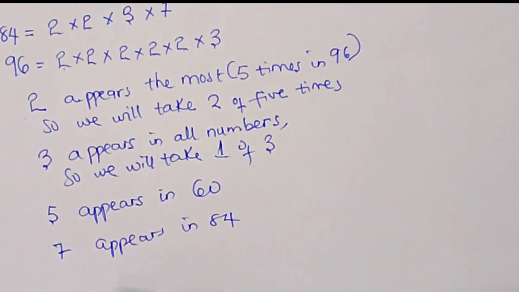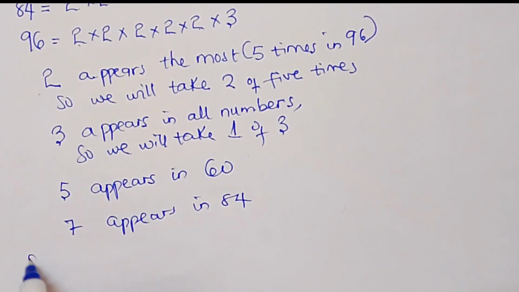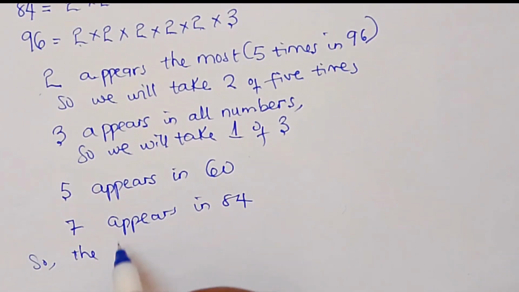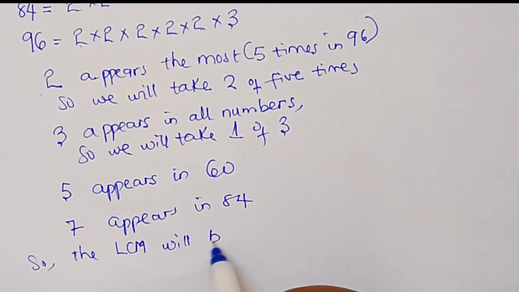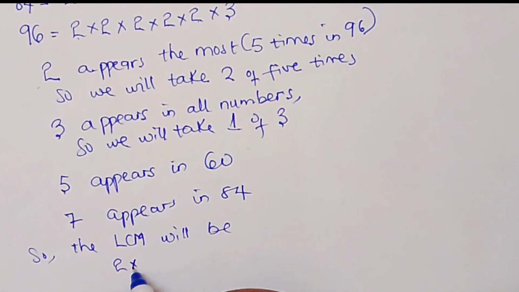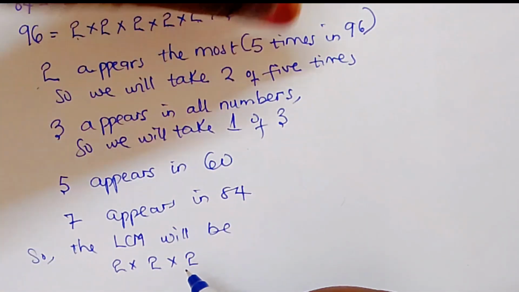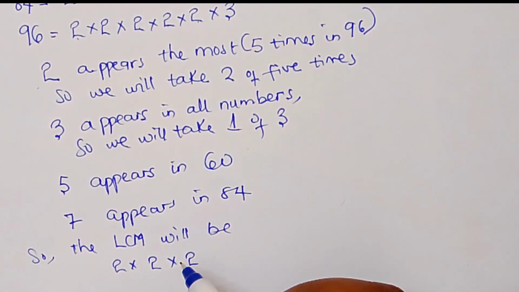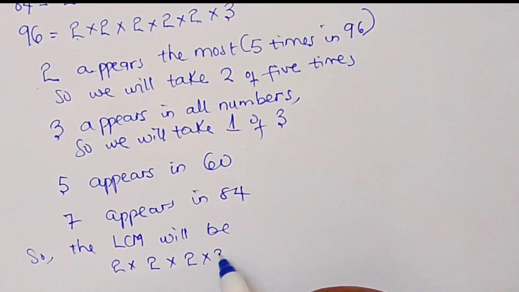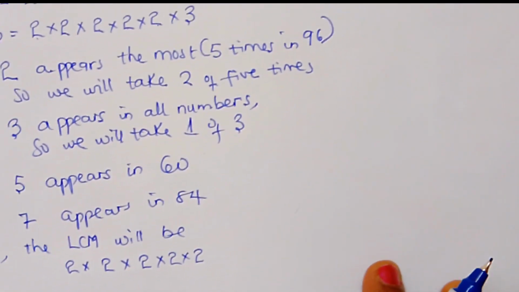So the LCM will be 2 times 2 times 2. Like you said, it appears 5 times. So we're going to write the 2 five times. Do you understand? Then we go to 3.